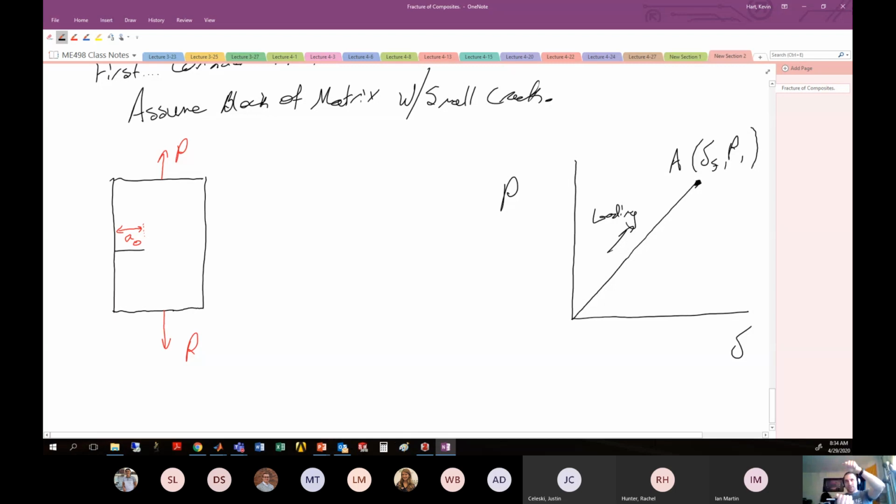And what happens is, we'll assume we're in displacement control, so the displacement stays the same, and a crack is formed, and a lot of the load that's on the piece is relieved. So we have this massive reduction in the load as the crack propagation occurs.